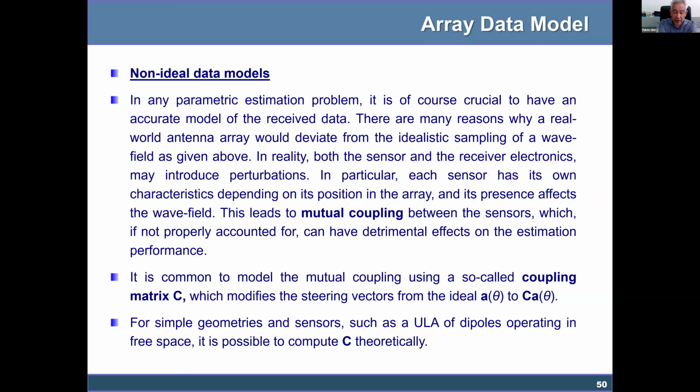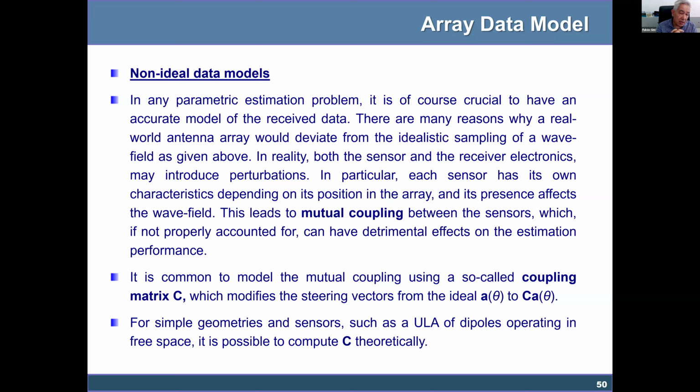So the choice of the mathematical model should always be a trade-off between complexity and accuracy in the description of the physical phenomenon. If you want a model that is very accurate, it becomes very complex, and so it becomes useless. So it's important to understand what could be a good trade-off.